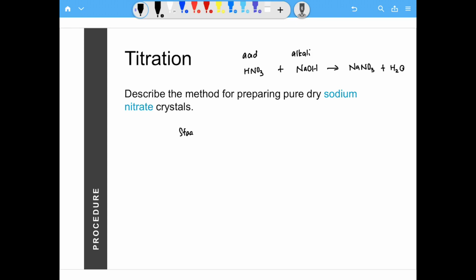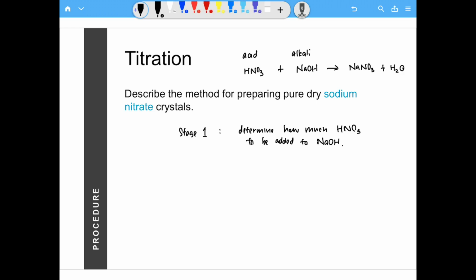Now in stage 1, we need to determine how much nitric acid to be added to sodium hydroxide. You may be wondering, can I do the other way around? Can I add sodium hydroxide to nitric acid? The answer is yes, you can reverse the reagents.